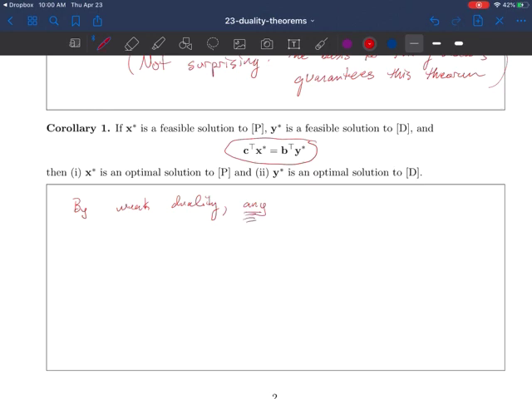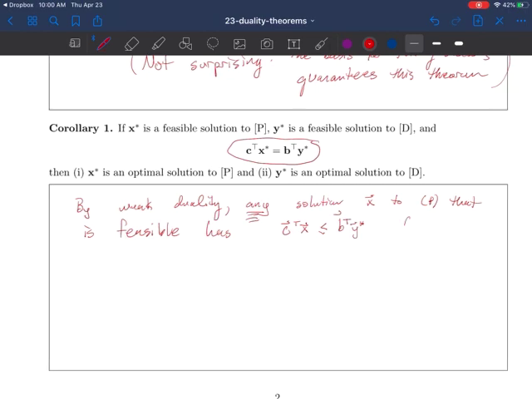By weak duality, any solution x to P that is feasible has c transpose x less than or equal to b transpose y star, because y star is dual feasible.